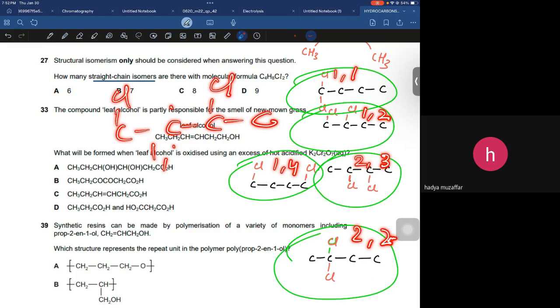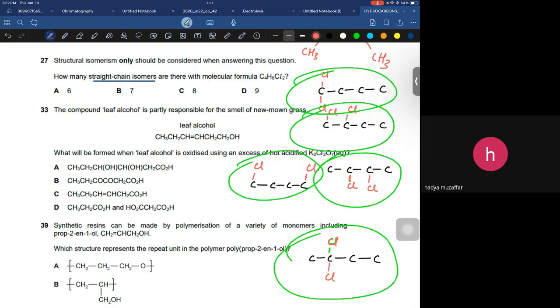So this is 1,3 dichloro. So how many isomers are possible? Six. Six isomers are possible. So the answer is A for apple.